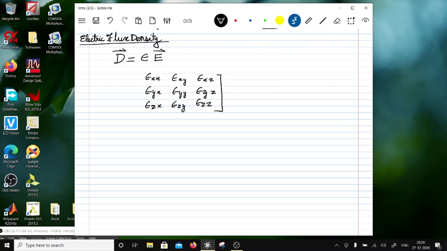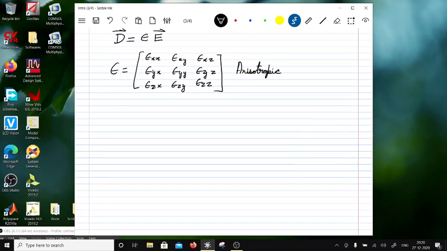So this is a tensor. If this is a tensor, then the medium will be called anisotropic.